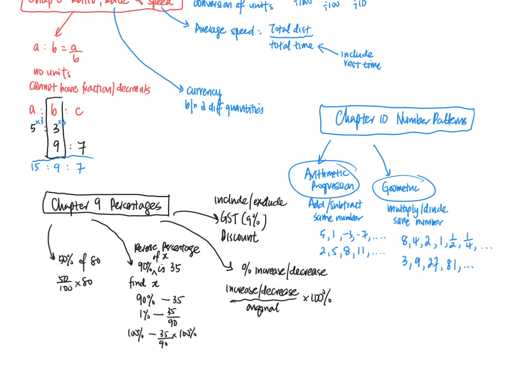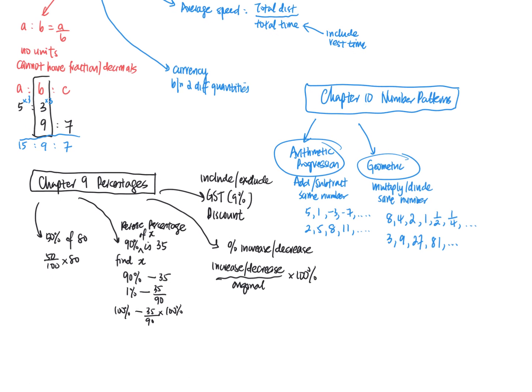Or if it's neither of these two, then they can split the numerator and denominator into 2 separate patterns. Okay, but just take note, there's one formula you can use here, which is the nth term formula. First term plus the difference. So this is the first term. This is the difference.